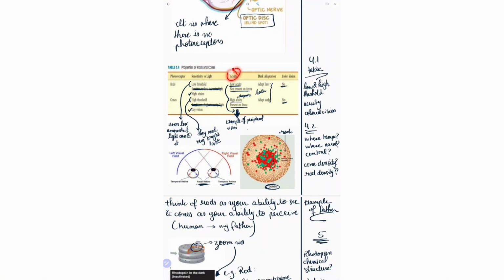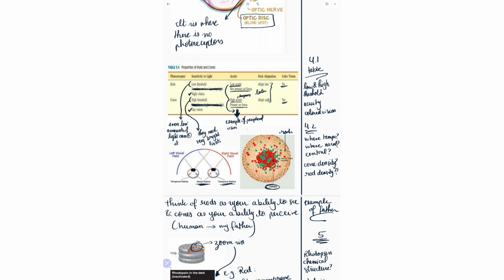Now, moving on to acuity. Rods have low acuity and cones have high acuity. What does that mean? I want you to think of the rods as your ability to see, and cones as your ability to perceive. For example, you can see a water bottle from a distance, but when you come closer or when you use your cones, you can see the color of the tag from the outside and so on.